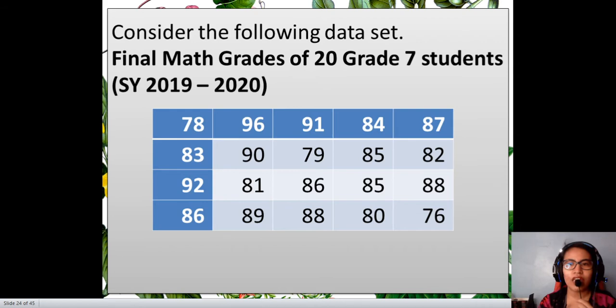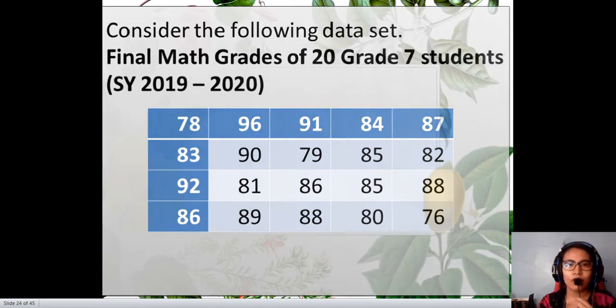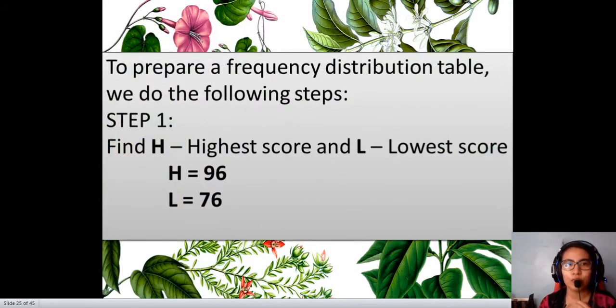We're going to arrange it in a frequency distribution. As you can see, we have 78, 96, 91, 84, 87, 83, 90, 79, 85, 82, 92, 81, 86, 85, 88, 86, 89, 88, 80, and 76. We're going to write it in a frequency distribution.